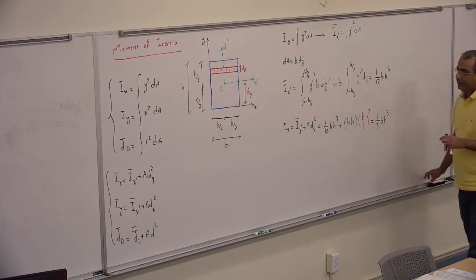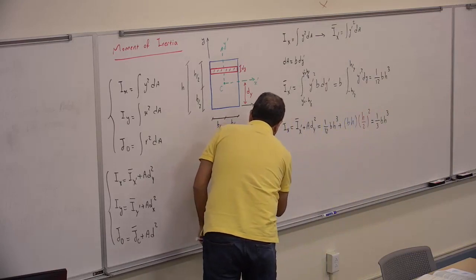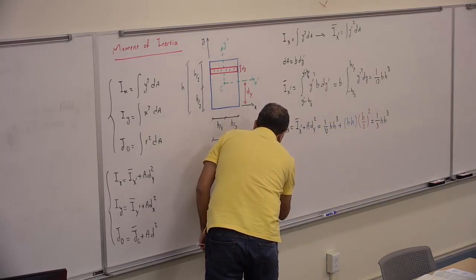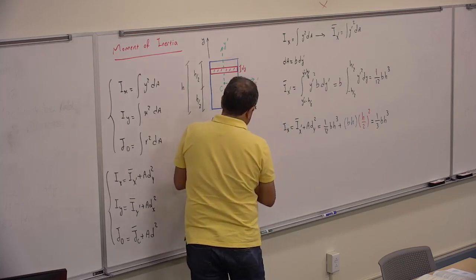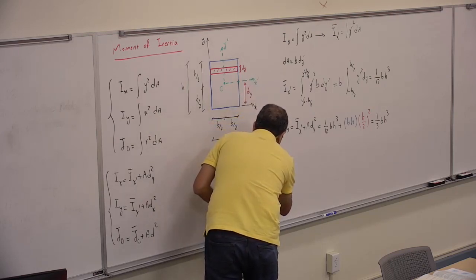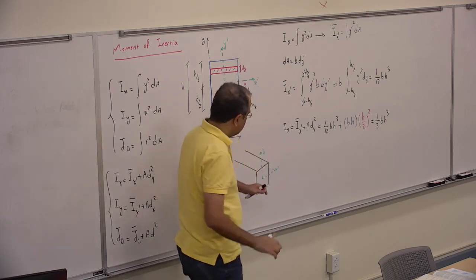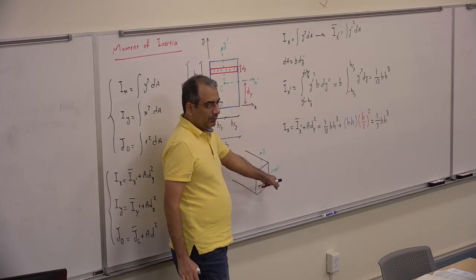A couple of things. First of all, assume I have a beam that looks like this, and that x prime, y prime is the moment of inertia of the cross section that I'm calculating.